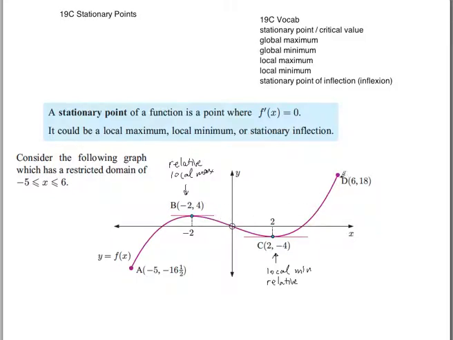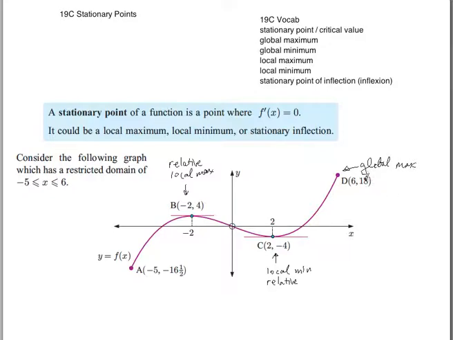Over here we have an endpoint that is bigger than our local maximum. Whichever of the local maxima and the endpoints is highest is the global maximum. So that's a global maximum in this case.